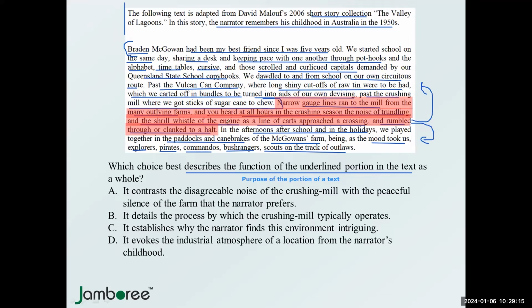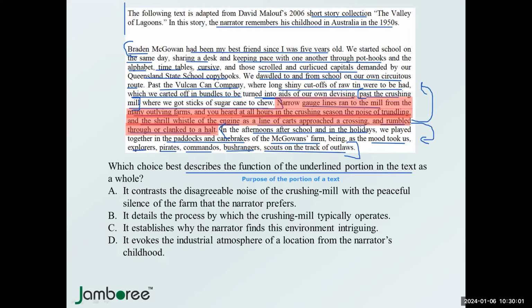And then again, in the afternoon, still outlaws, we are back to the activities that the narrator or the author did with Braden. So this particular part, the underlined part, is basically telling us something about what happened in this can company. That's it. And this is where, to quote from the text, this is the crushing mill where all of this is happening. That's it.